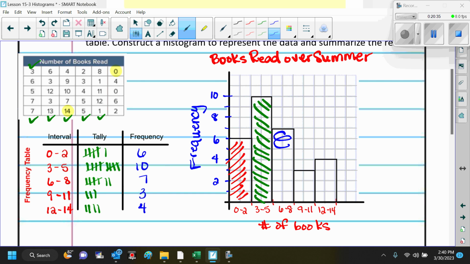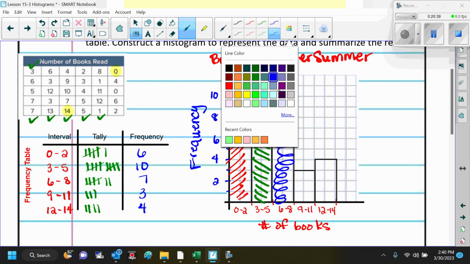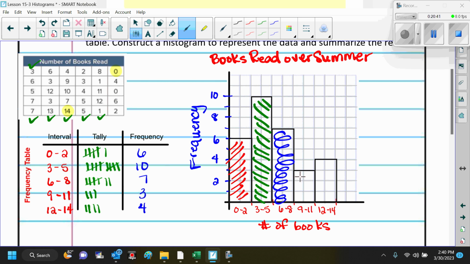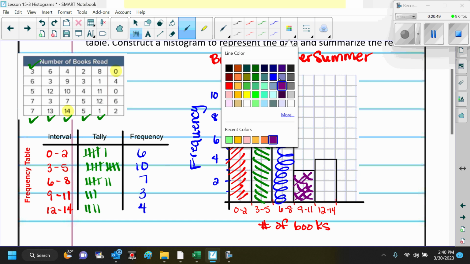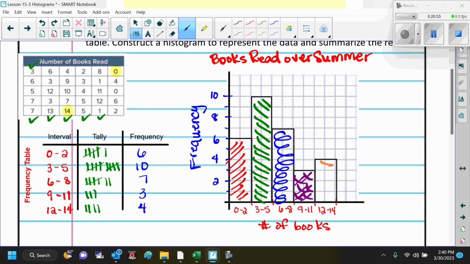So then, just get a little creative, I guess. And then, all right, and there's your histogram.